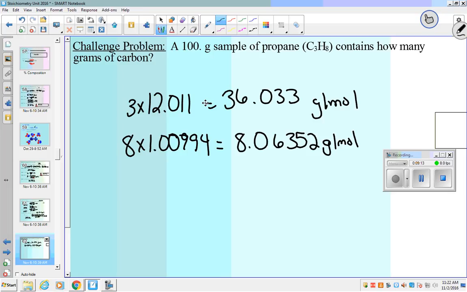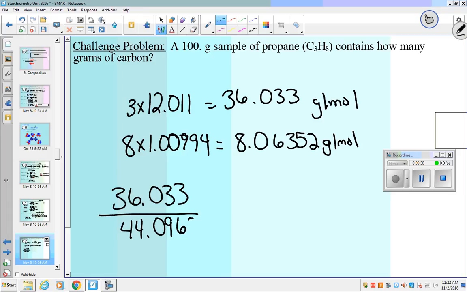So to find my percent by mass for carbon, I'll just do 36.033 divided by the 2 of these total together, which is 44.09652. I'm going to multiply that whole thing by 100.